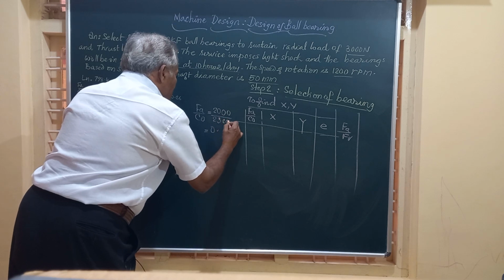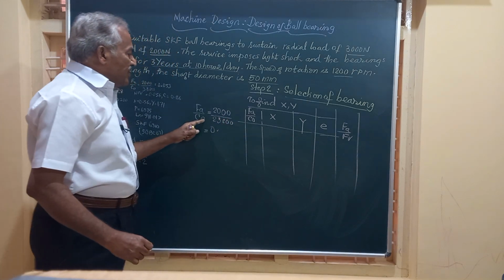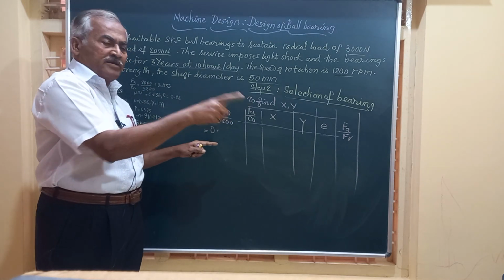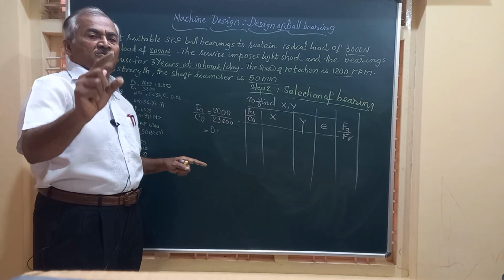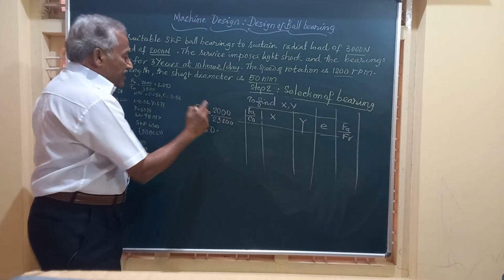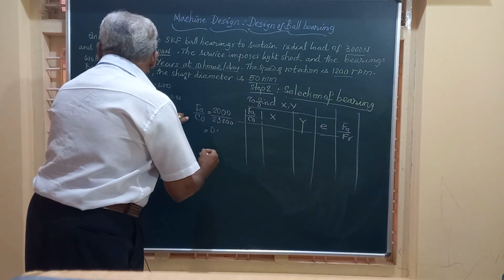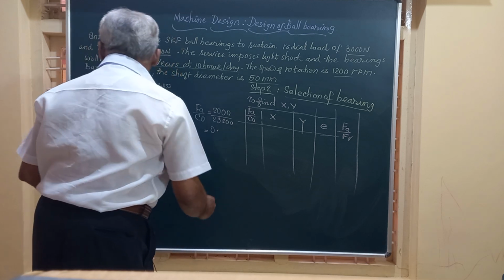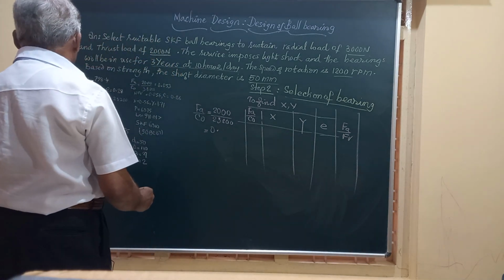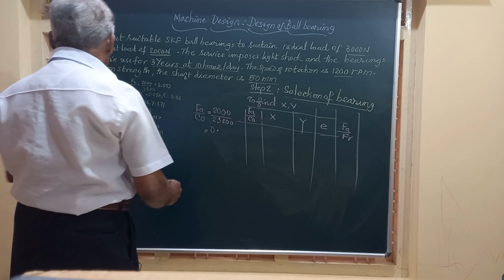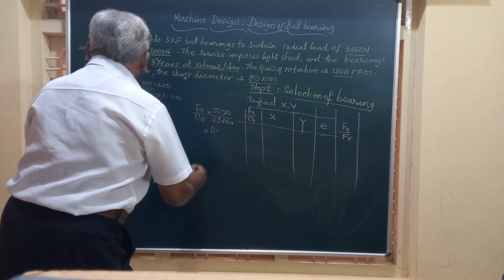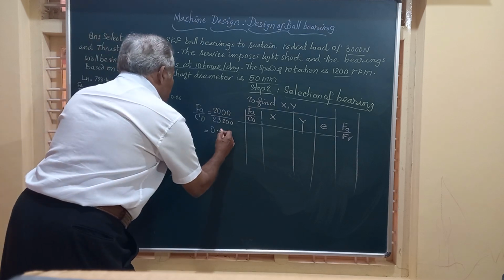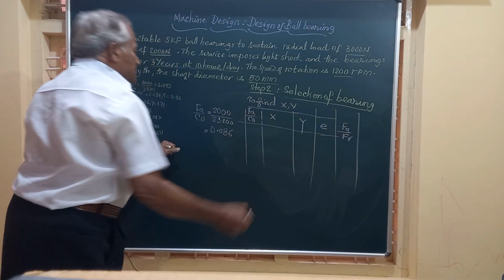So this value of C naught is obtained from the machine design data handbook corresponding to 50 BC O2. And Fa over C naught works out to 0.086. You can check this answer.